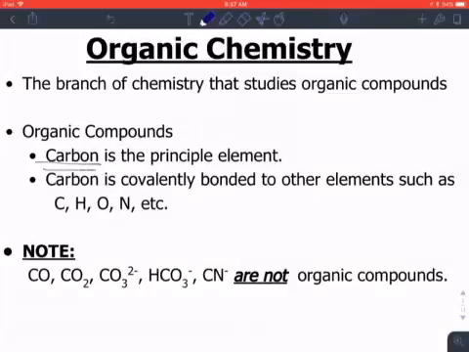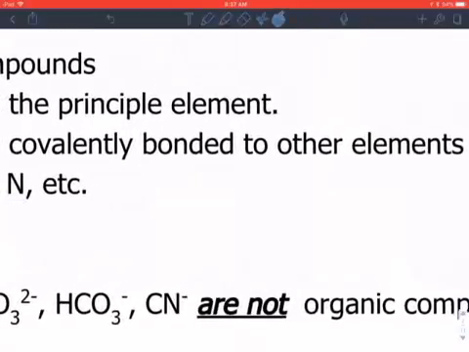Now carbon can be bonded to other elements such as hydrogen, oxygen, nitrogen, but carbon is the main element. Let me give you an example of what a chemical made up of primarily carbon might look like.